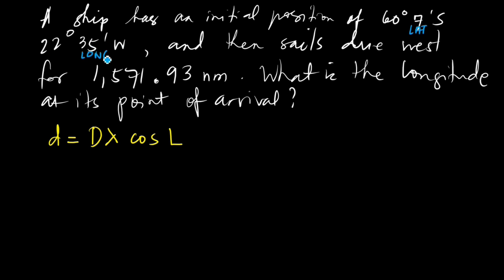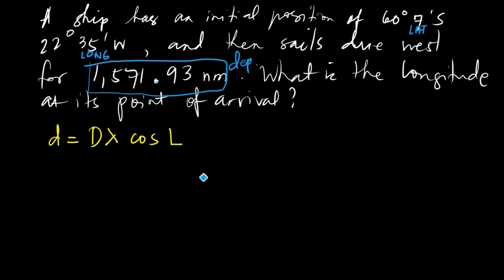So this is longitude. And then what else? We have the given here, 1571.93 nautical miles. This refers to the distance traveled. Okay? So this is the distance traveled, and therefore this is the departure.